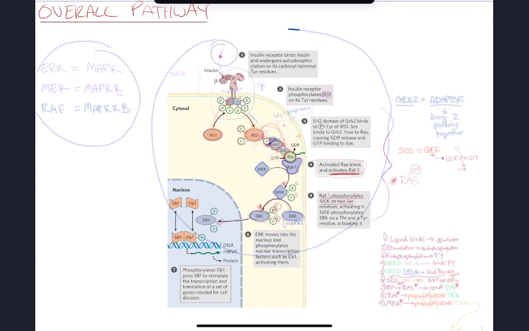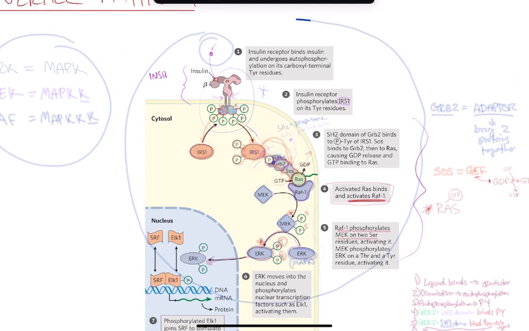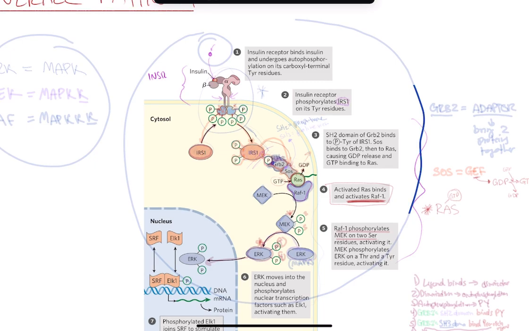So let's just start off right here, and on top we have our tyrosine kinase receptor, right? And this is specifically an insulin receptor, INSR. We're going to call it insulin receptor. So we are going to see an insulin ligand come in and bind to this receptor, right?